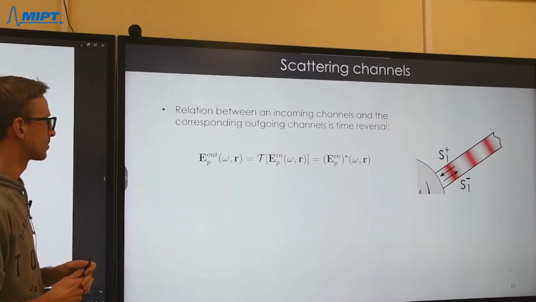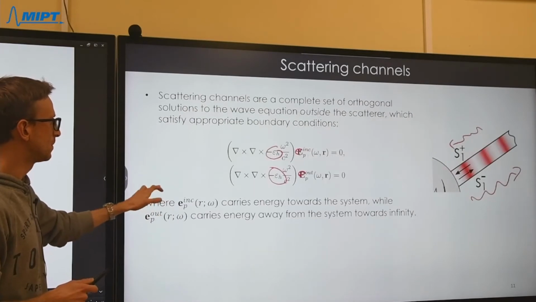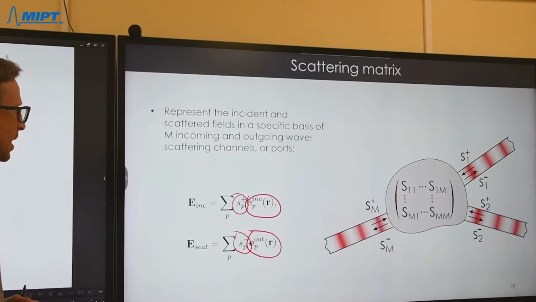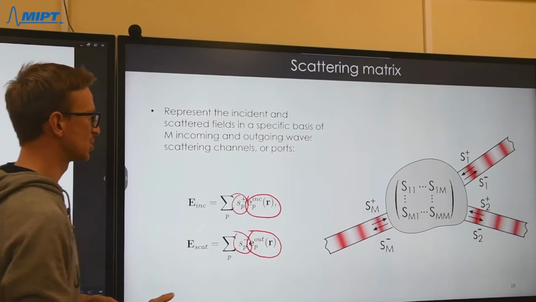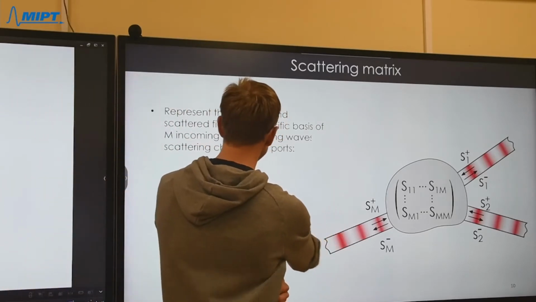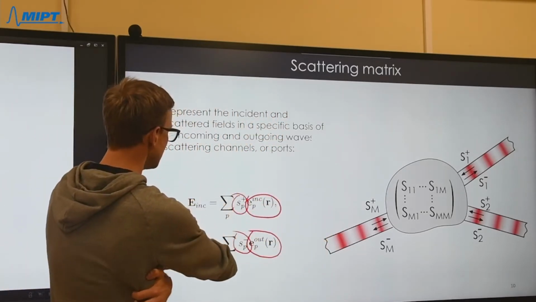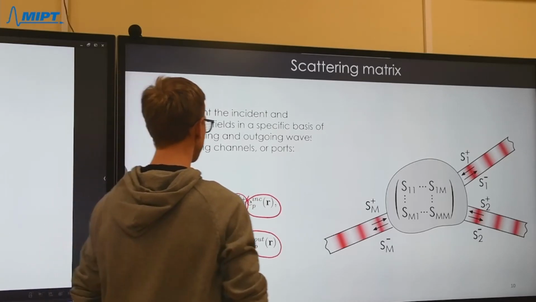And if we do so, we can represent the relationship between the scattered and incident fields in the matrix form.